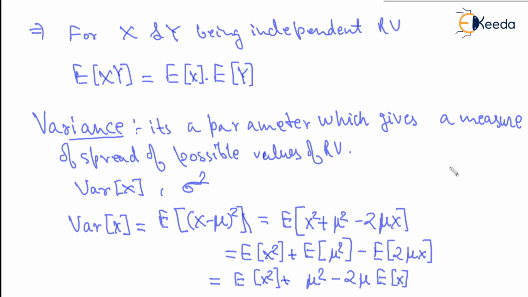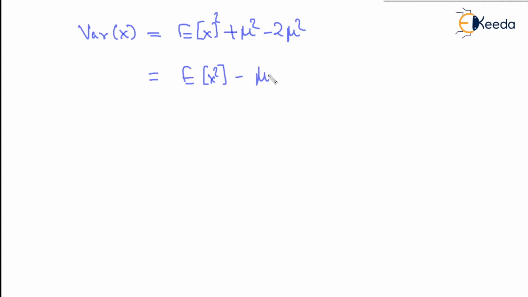And what is E of x? E of x is nothing but mu. So this is also mu. So this becomes minus 2 mu square. So the variance of x becomes E of x square plus mu square minus 2 mu square, which is E of x square minus mu square, which can also be written as E of x square minus E of x whole square, because E of x is equal to mu.